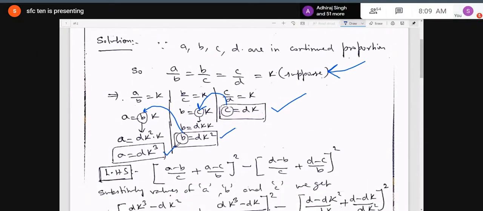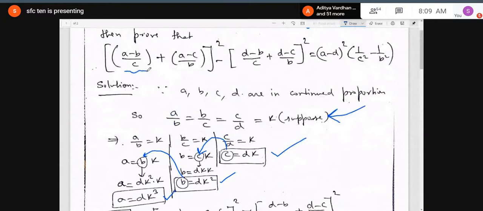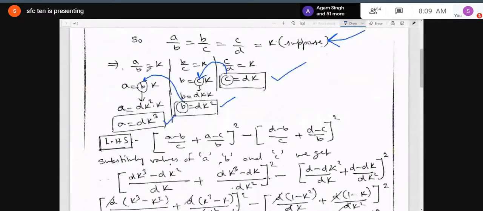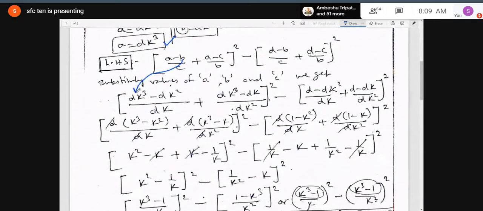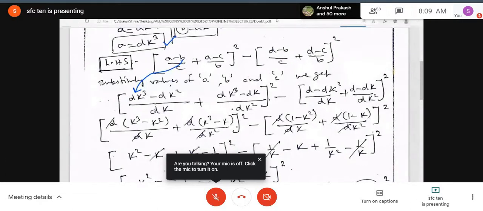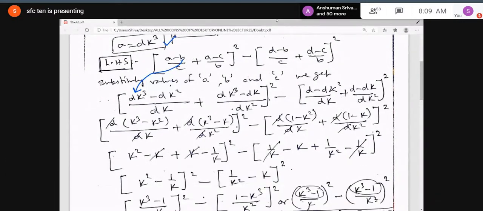Now, making use of this, I have started from the left hand side. A minus B upon C, wherever A, B, C are coming, I have substituted their value. So I have written DK cube minus DK square, and C is already DK in the denominator. Similarly, for the second term, A minus C, I have written DK cube minus DK upon DK square, because B is equal to DK square, and whole square is already there.